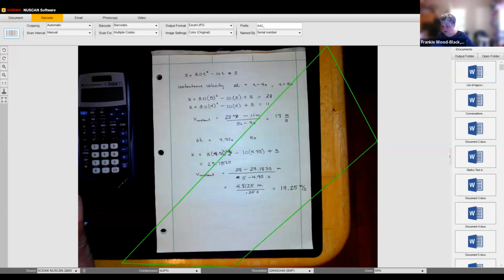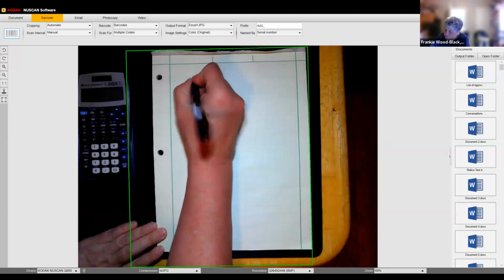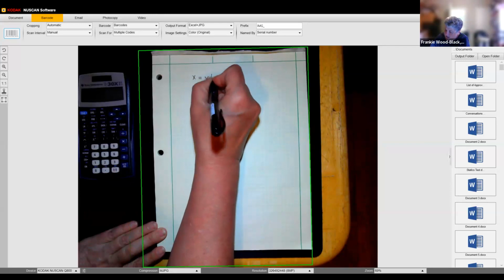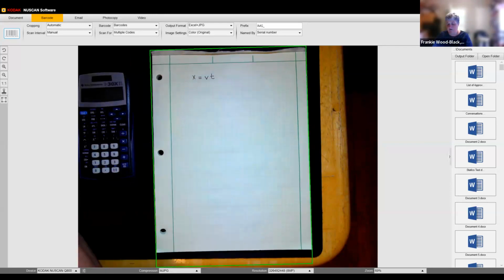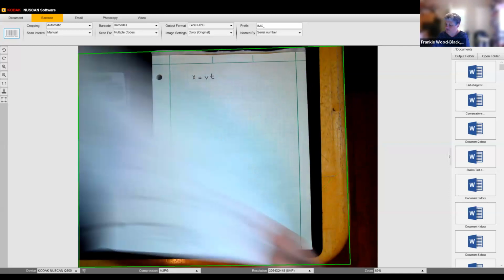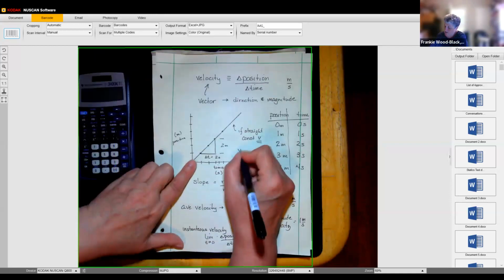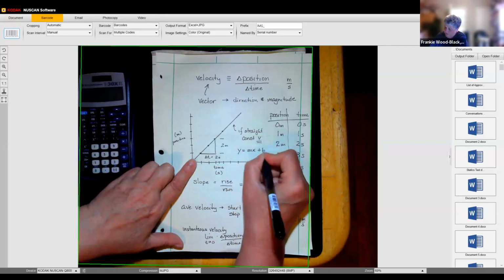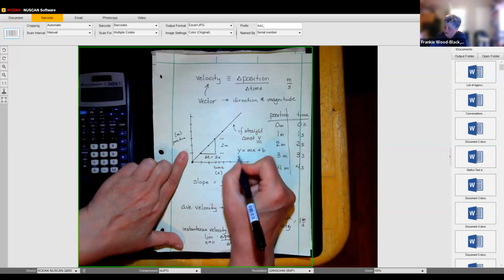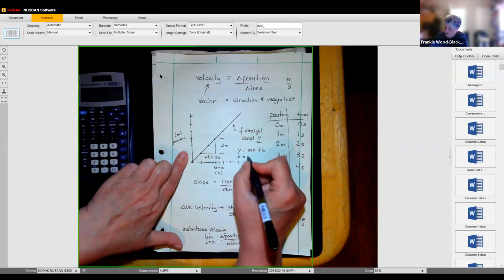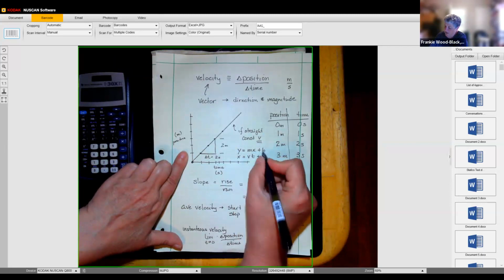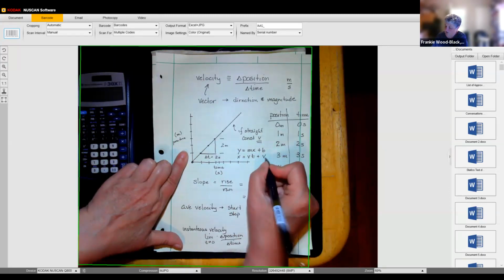So one of the things that we've already seen for motion is that I have an equation that looks like this, x is equal to velocity times time. Because if I have a plot like this, if I look at y equals mx plus b, my y is x, my m, which is my slope, is velocity, times time, and then this b would be an initial position.